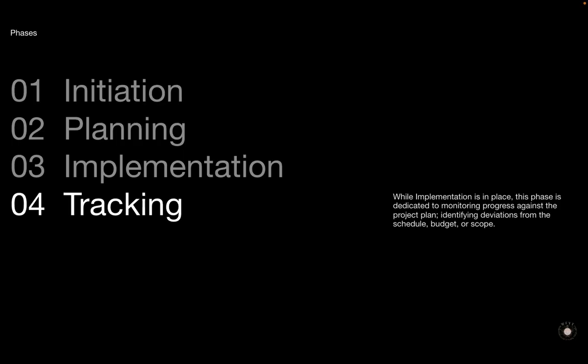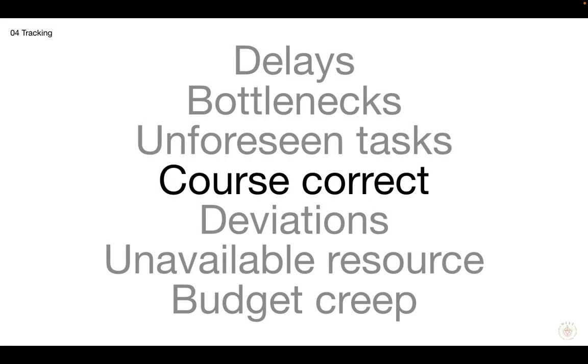And so I see this as a crucial stage just for the project manager, because while the implementation is going on, there is the tracking that's required, and essentially setting up a tracking mechanism will really help to course correct from all of these delays or bottlenecks or unforeseen tasks that may have come up from a task that wasn't accounted for before.